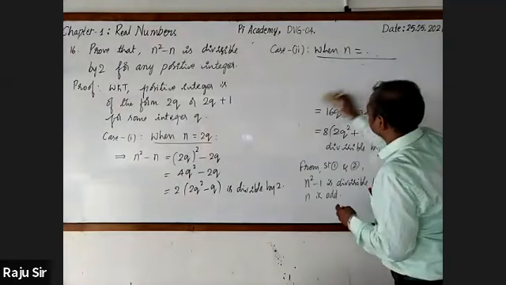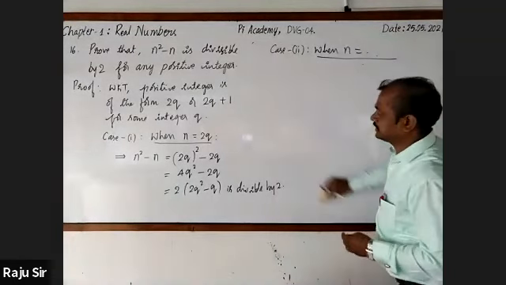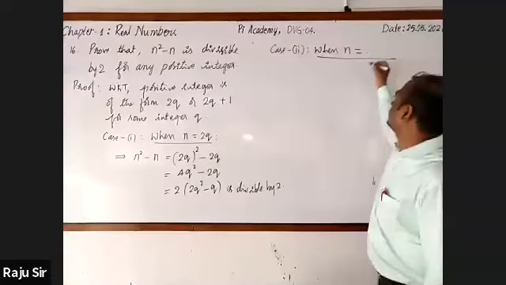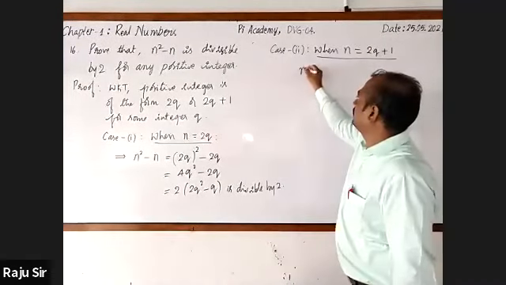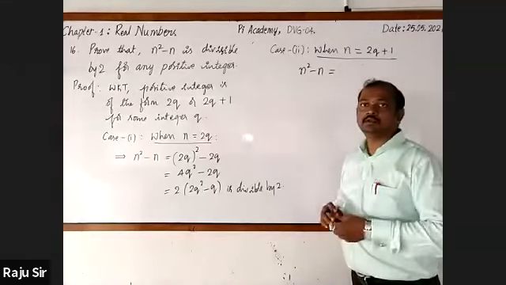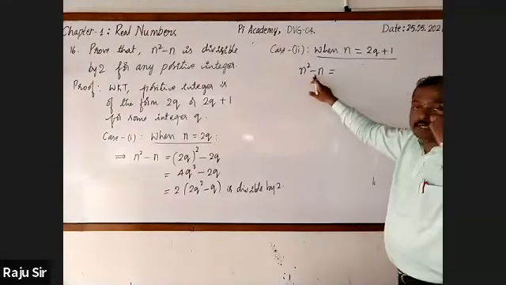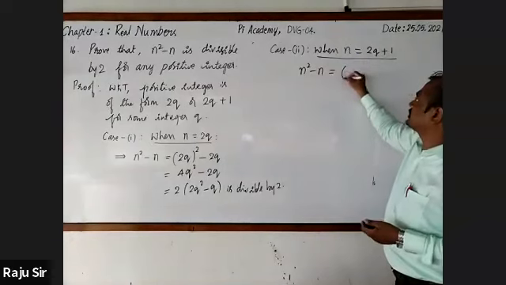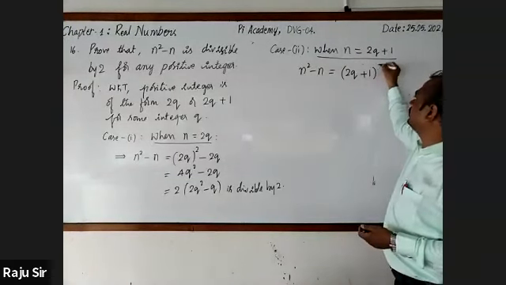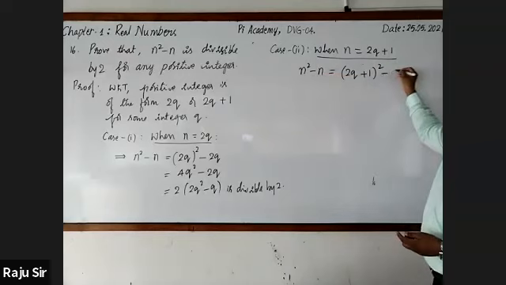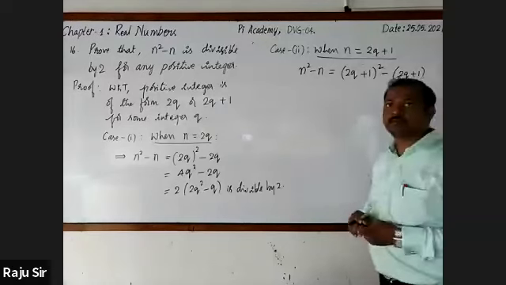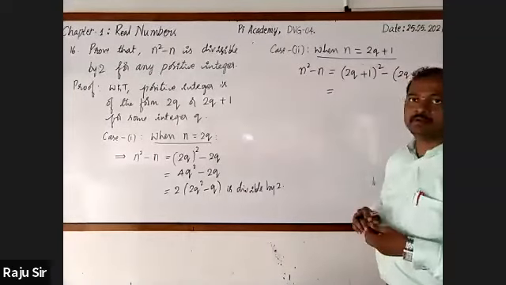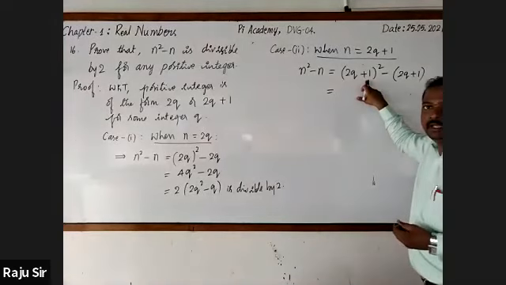Second case. When n equals 2q plus 1, n square minus n. You can simplify and write, or else directly substitute: 2q plus 1 whole square minus 2q plus 1. This is of the form a plus b whole square.